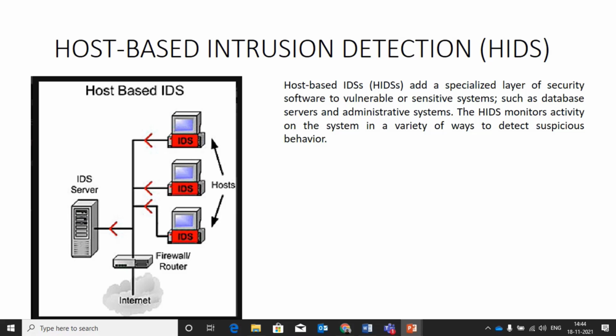Okay, so in a server, basically the server machine, you can go with, for example, a Linux server, and on the server you can figure out the system call traces and audit log files. So there are some common data sources in a HIDS system where we can figure out the traces.